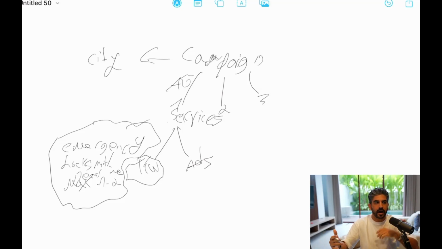And with our AI Google Ads campaign setup, you're getting the campaign structure that is actually working.